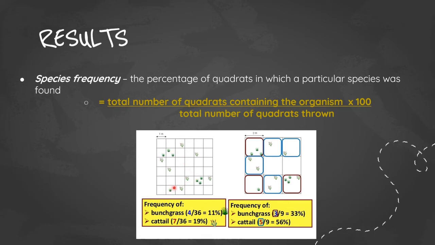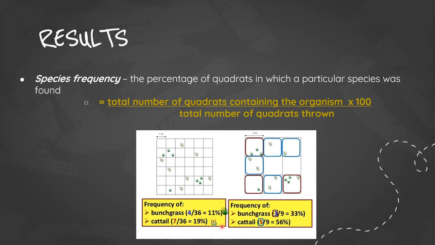You notice I counted this as 1 because it's not about the number of organisms when you're looking at frequency. You just want to know how many quadrats contain at least one of the organism. So it's 1, 2, 3, 4. So the frequency of bunch grass over this side would be 4 over 36. And when we multiply that by 100, we get about 11%.